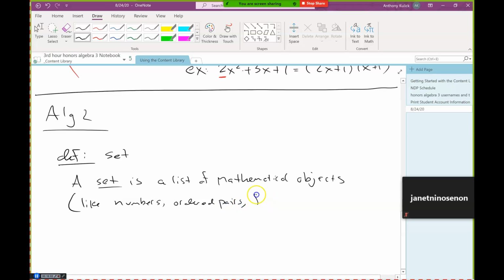You could have functions in your set, or shapes, or lots of other things. You can have sets of lots of types of things. Primarily, when we're talking about sets, we're going to be concerned with numbers and ordered pairs, at least in the first part of the course.